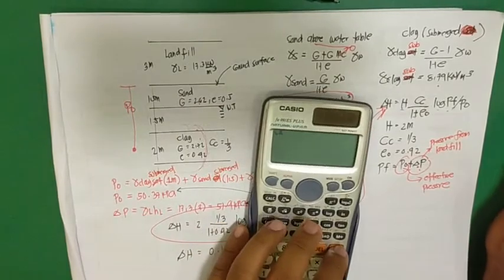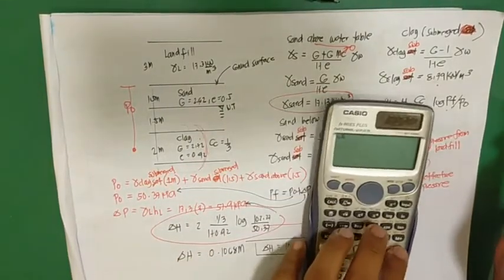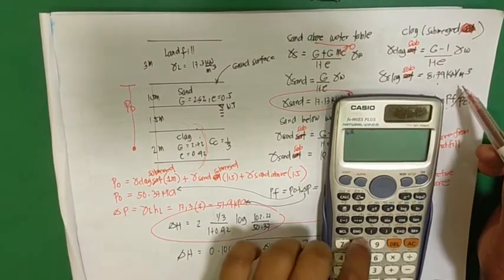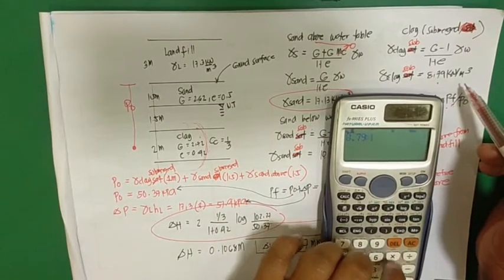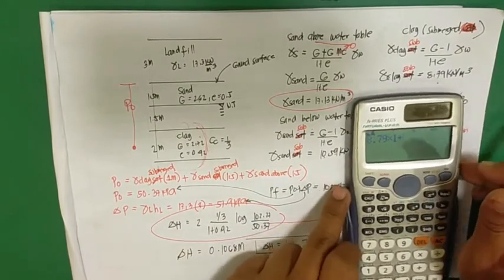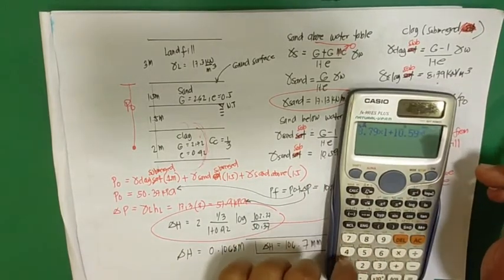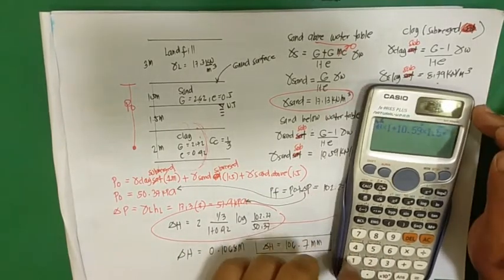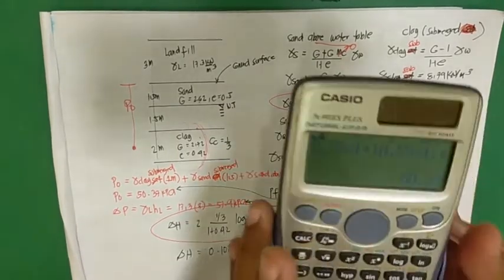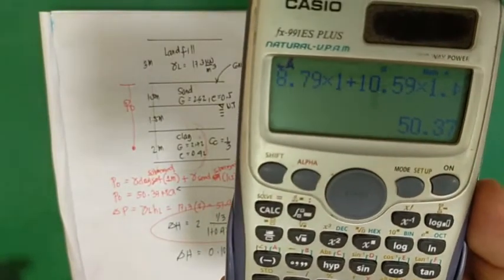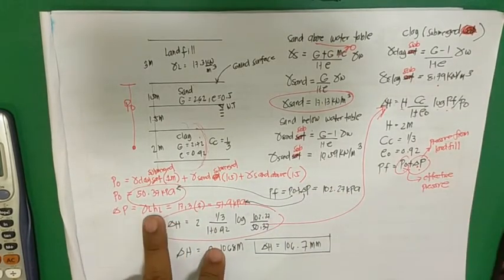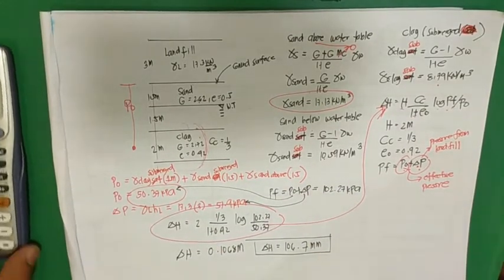To prove that one, gamma clay submerged is 8.79 times 1 meter plus gamma sand submerged 10.59 times 1.5 plus gamma sand above 17.13 times 1.5. It will be 50.37 kPa. A little bit of misconception, sorry.